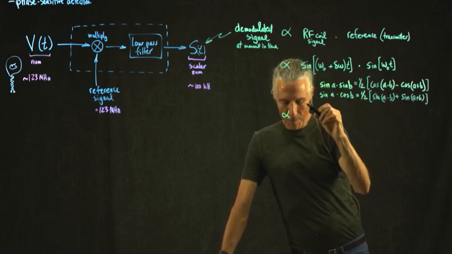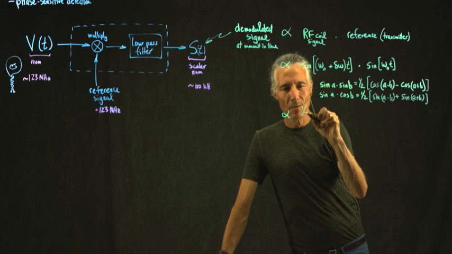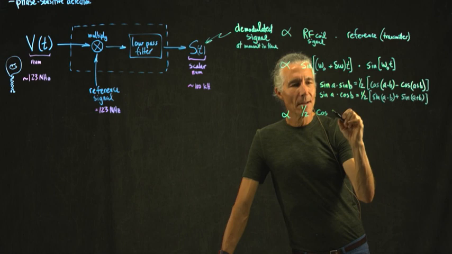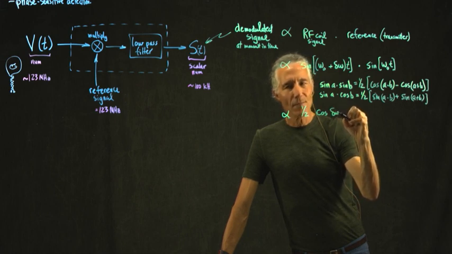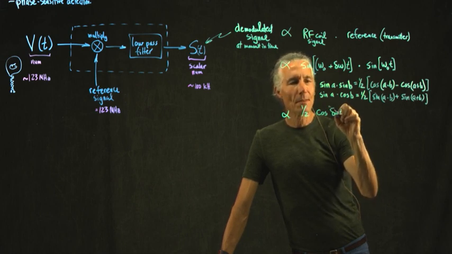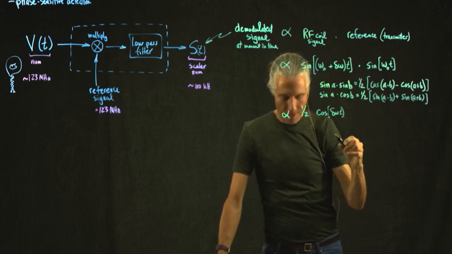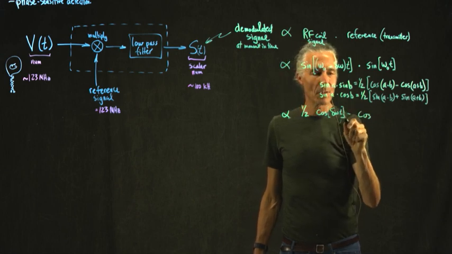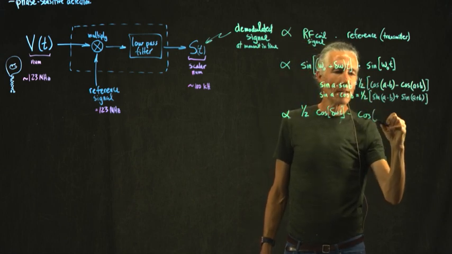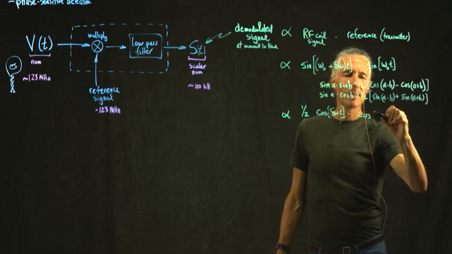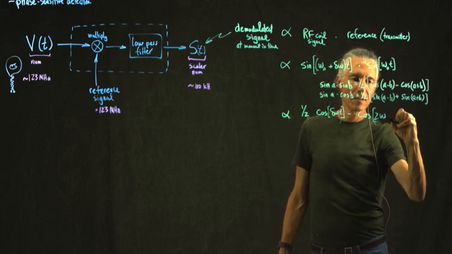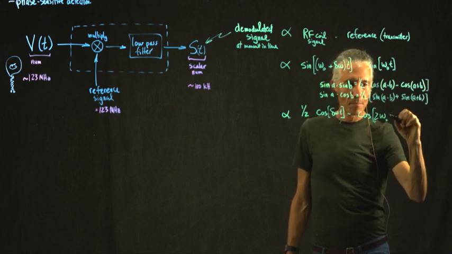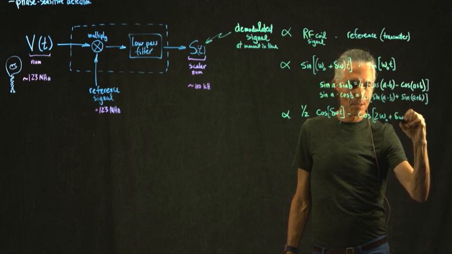Then this one is proportional to 1/2 cosine of the frequency offset times time, minus cosine of 2 times the center frequency plus the offset frequency, which is negligible.